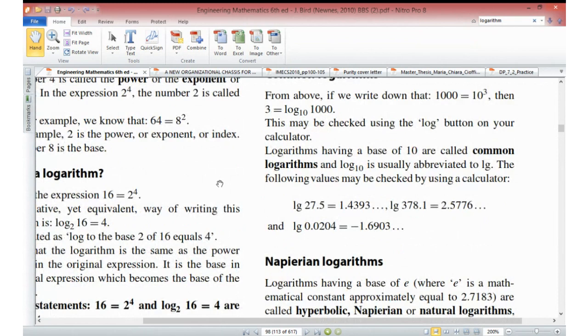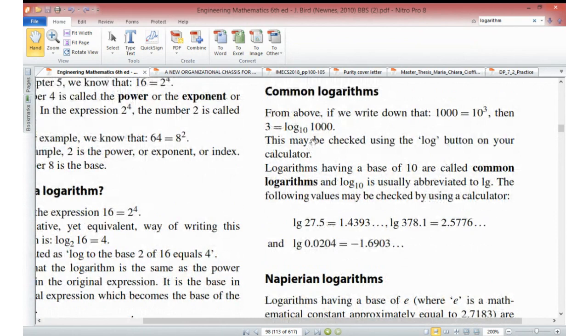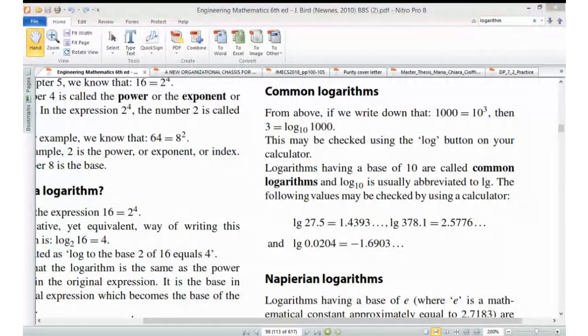Common logs are the ones we deal with in our day-to-day operations. Even calculators are organized in the form of common logs. They are the ones you and I are very comfortable working with, and they have base 10. So you can press it from the calculator very fast and get the answer.